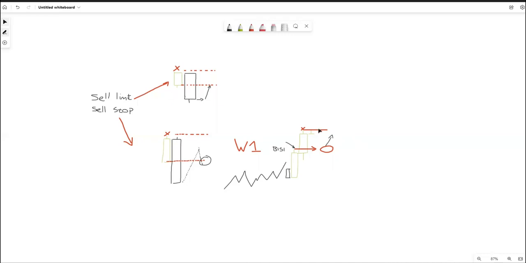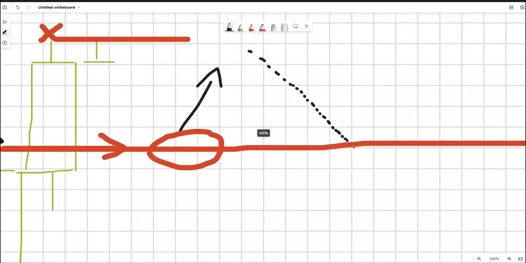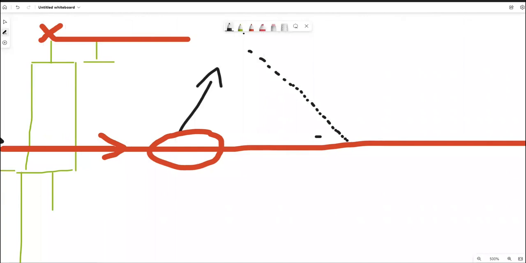And when price gets to this BISI, we're going to draw this out in time. And when the price action returns to this BISI over here on the weekly, we're going to zoom in there, right there on that BISI, and we are going to use either the 4-hour or the 1 hour. Before an order block is created that would be bullish, we need a down candle, right?